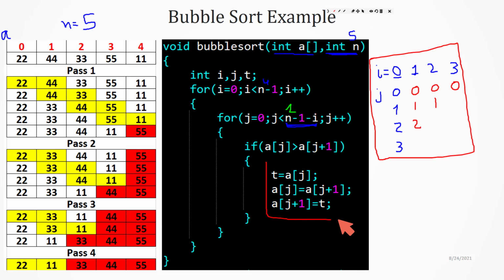Here I have written 3 statements. What will be the purpose of these statements? Similar to these statements, we have already written something. So what is the purpose of these 3 statements?